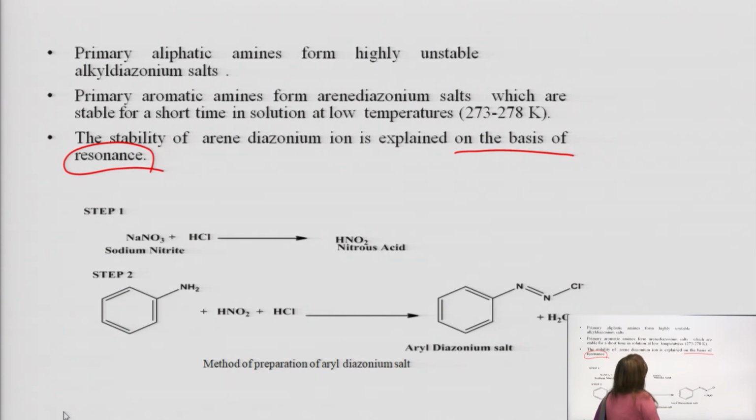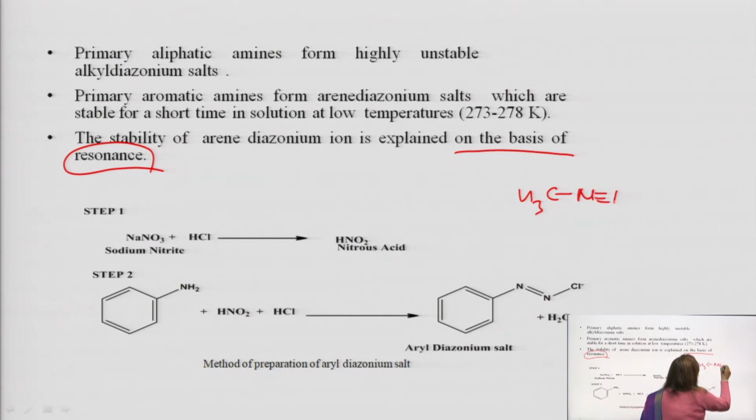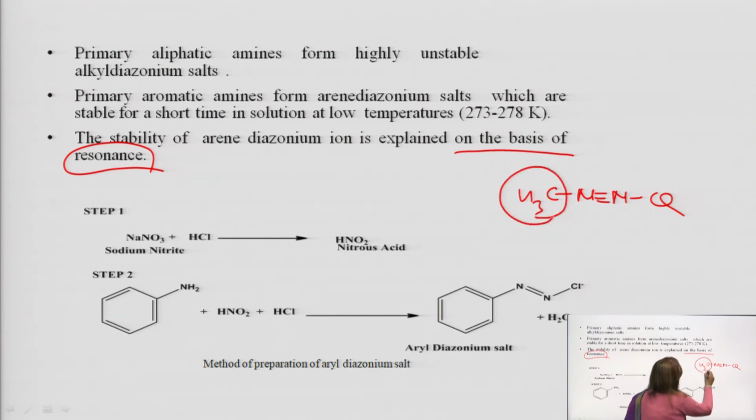Because in alkyl diazonium salt, suppose this is methyl diazonium salt, no resonance is possible because this CH3 has no structure in which resonance of the positive charge can occur. So because of this lack of resonance in the alkyl structure, alkyl diazonium salts are less stable when compared to aryl diazonium salts.